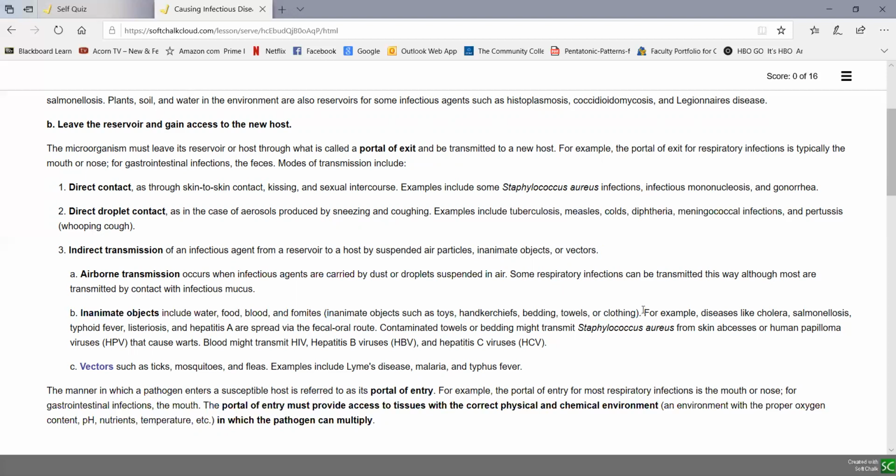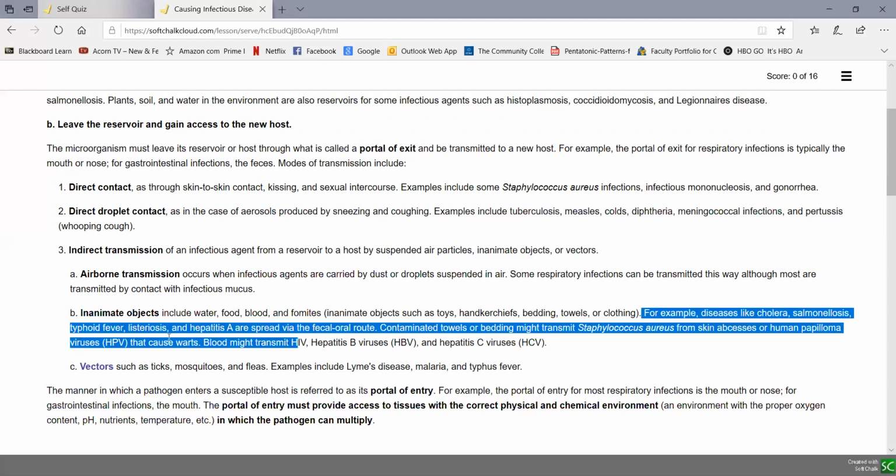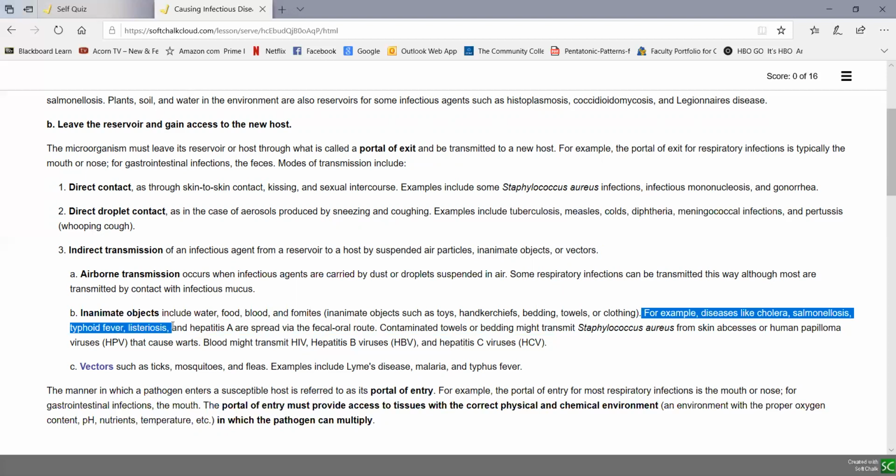Diseases like cholera, salmonellosis, typhoid fever, listeriosis, hepatitis A, these are all transmitted by the fecal-oral route. So virtually all intestinal infections are transmitted by the fecal-oral route, where the portal of exit is feces and the portal of entry is the mouth.